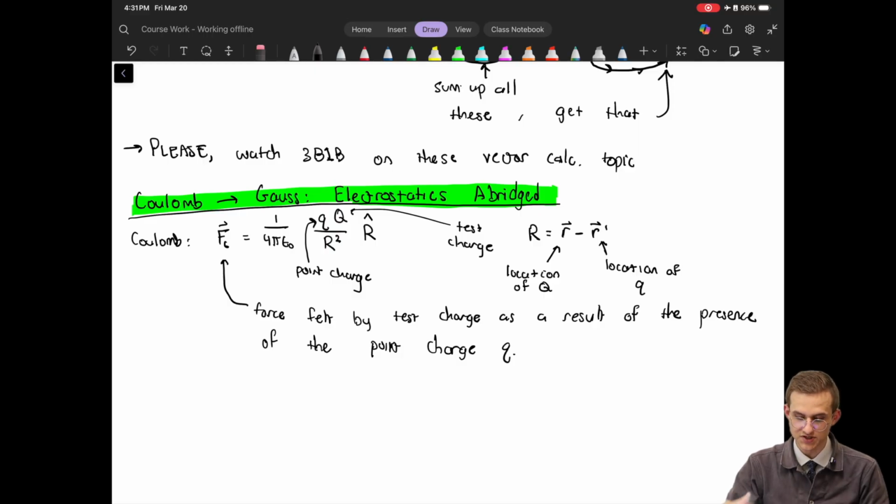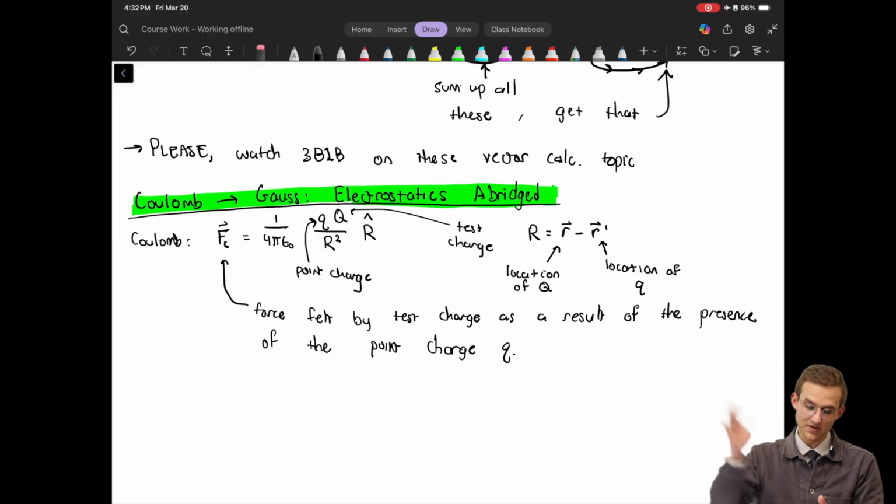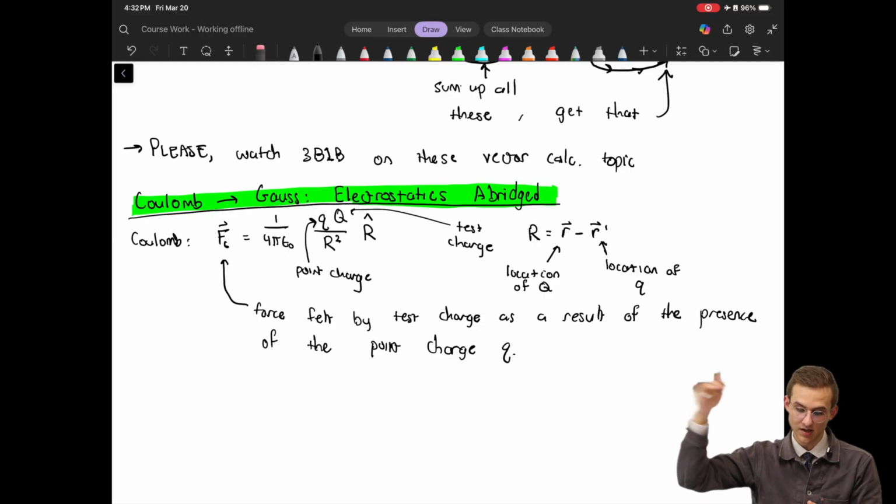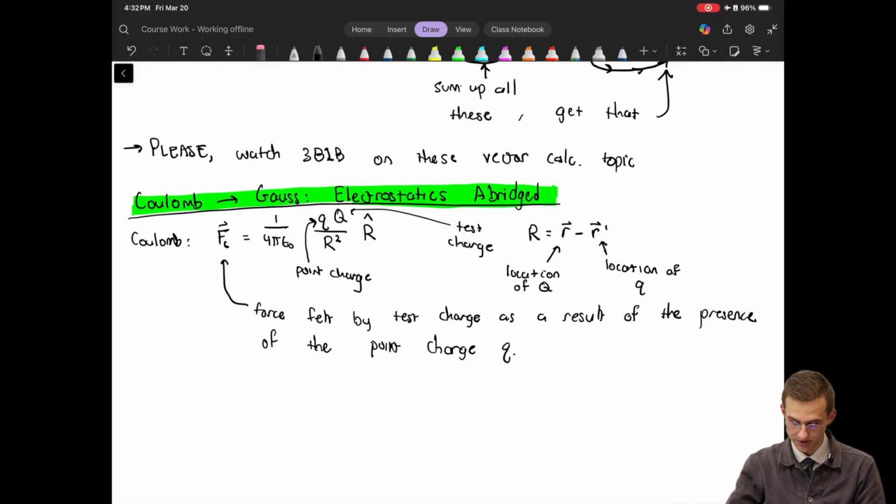So it's the location of the source for whatever electric field is causing your force, your Coulomb force. R and R prime start at the origin, wherever you place your origin. They point to the locations. The tip of the vector hits the location of the test charge and the point charge.